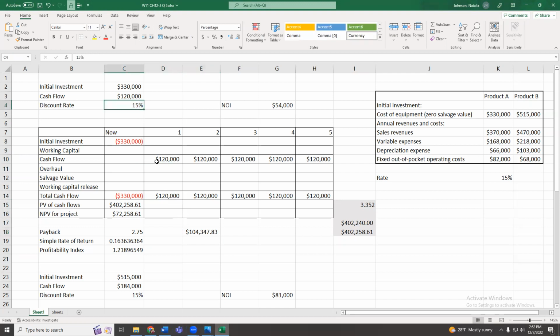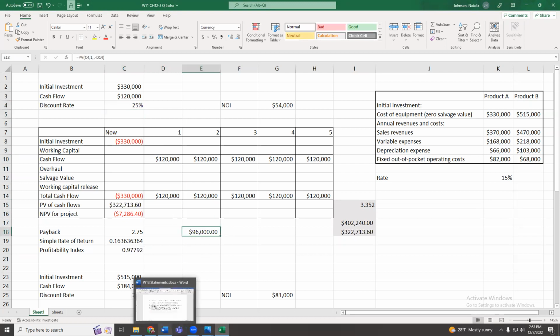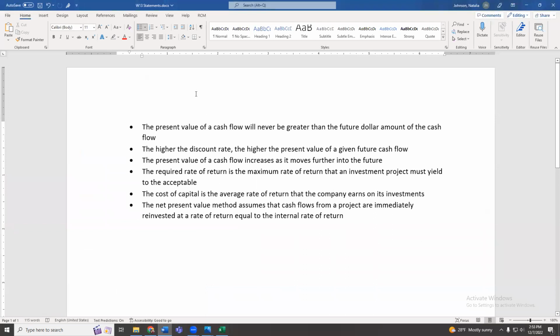If we put a higher rate, like 20%, it got lower, 25%, even lower. So that's what I'm saying, you can simply use any Excel with the table to see if a statement is right or wrong.